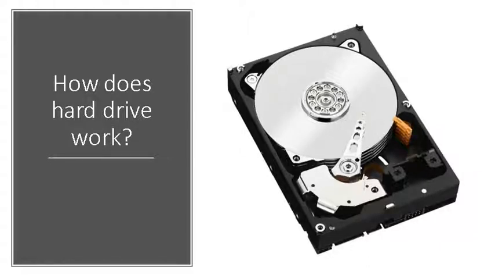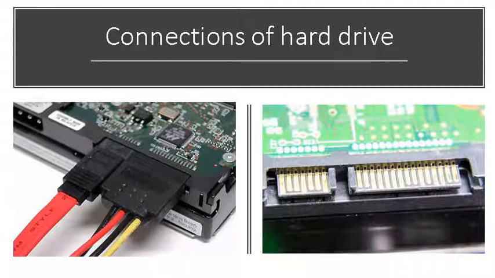And now let's talk about the connections of the hard drive. There are two main connections of the hard drive. They're pretty much just these two that we're using. Both of them are SATA. The first one is the power SATA, which is coming from your power supply, and we talked about it before in previous videos.